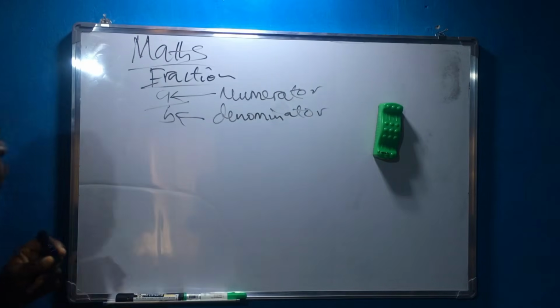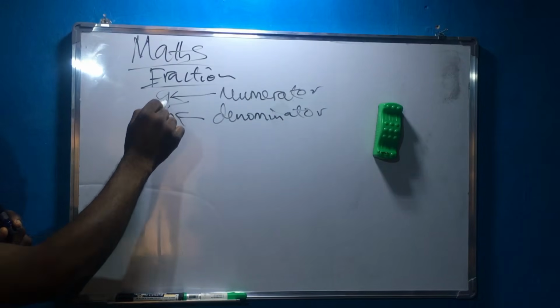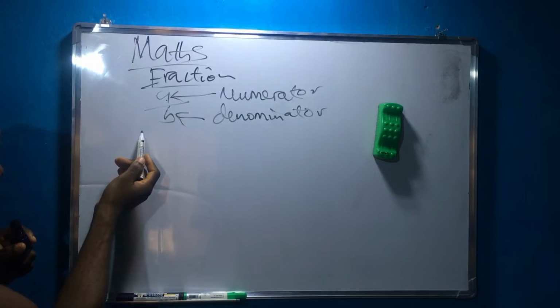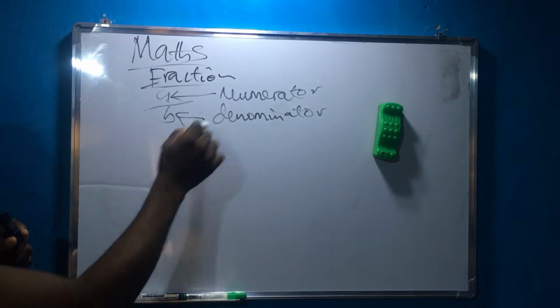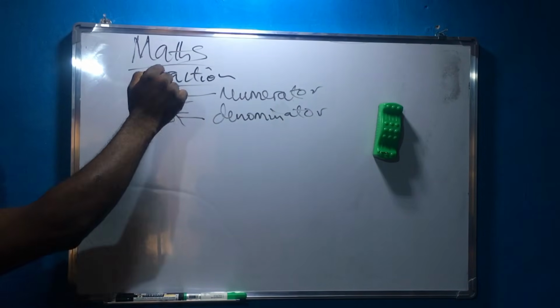And this gives you the two parts of fraction that we have. The one on top is your numerator, while the one below this bar line is your denominator. And the denominator is dividing the numerator.